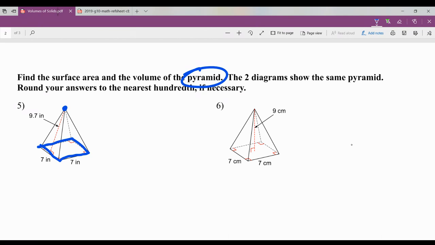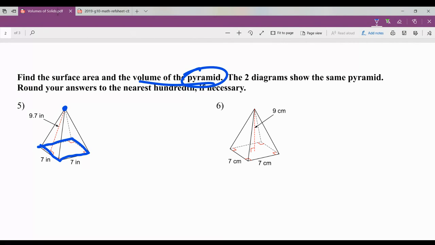A pyramid is exactly 1/3 the volume of the sort of matching prism that would have had two bases. So if you just pretended that this thing was a prism with a 7x7 base at the bottom and a 7x7 base at the top, then find the volume, divide by 3, and you've got the volume of the pyramid.